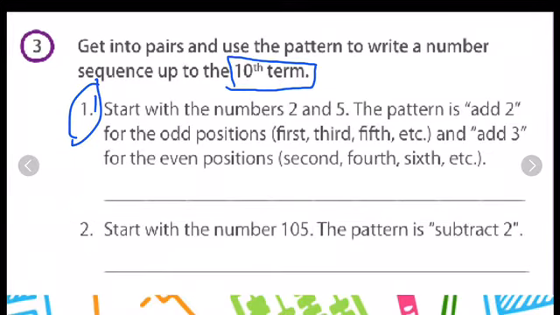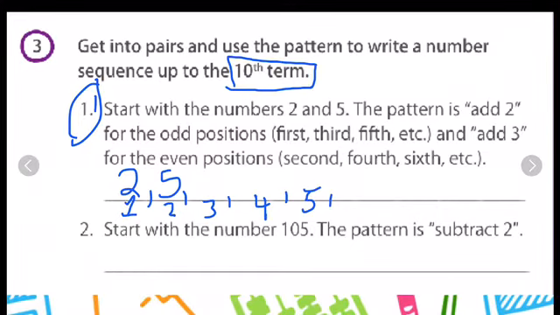Number 1 says start with the numbers 2 and 5. So you're going to start with the numbers 2 and 5. The pattern is add 2 for the odd positions, first, third, fifth. So this is first, second position, third, fourth, and fifth.